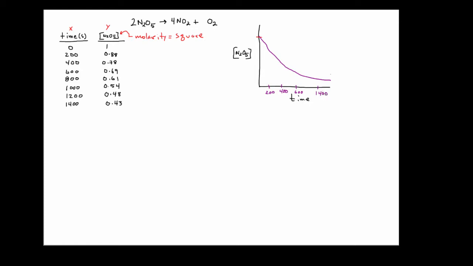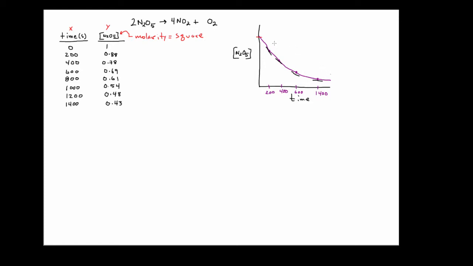So we could visualize it this way. We're going to look at a point here on the graph, a point in this region, an average rate here and an average rate here. Now remember in the first video what I said about this. In essence, what we're doing is taking a tangent to the line, which is going to be in this region, this one, and this one.